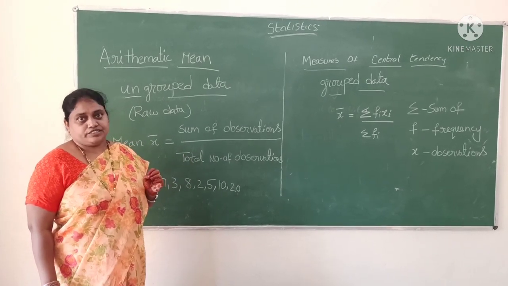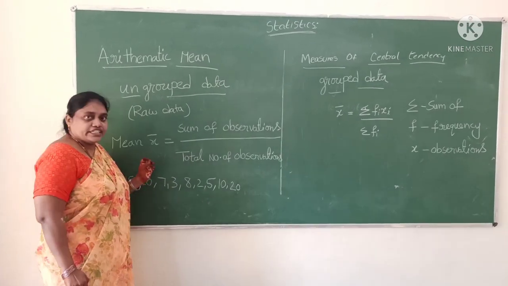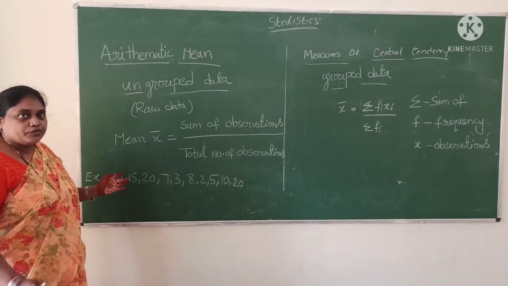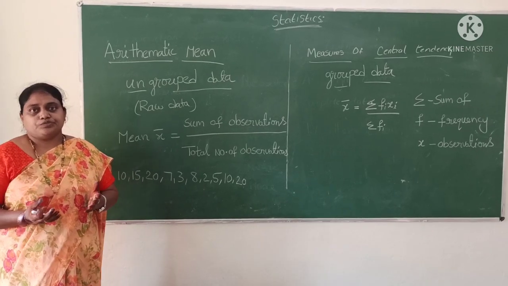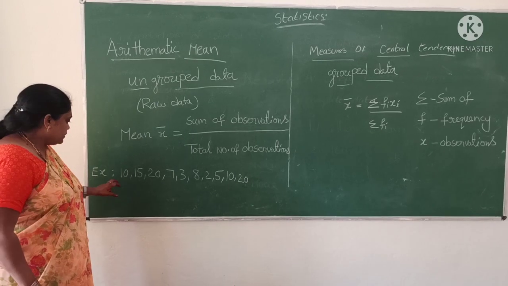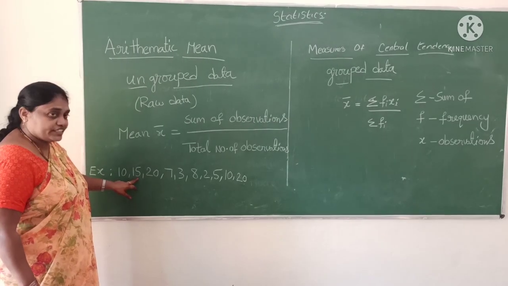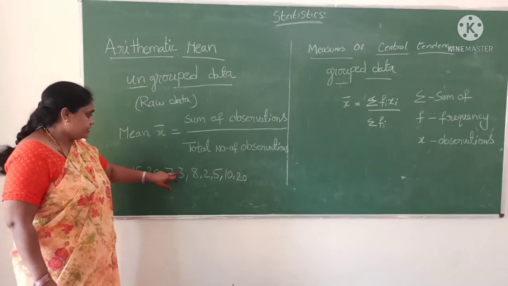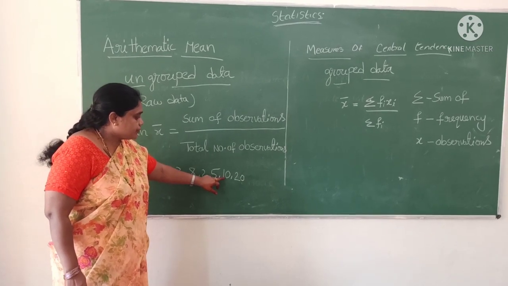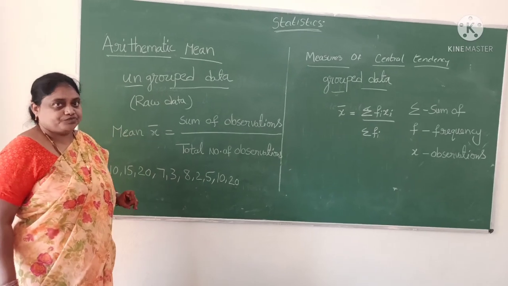Let us see an example. The marks given to the students in a classroom are 10, 15, 20, 7, 3, 8, 2, 5, 10 and 20.